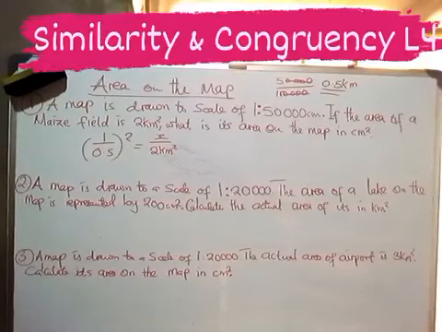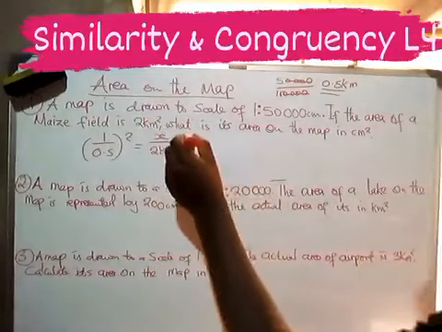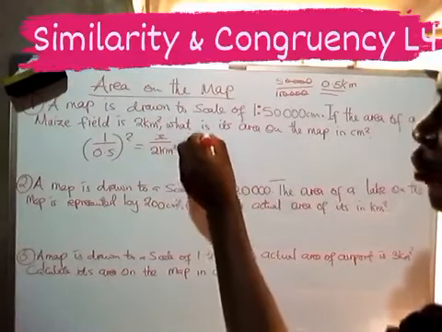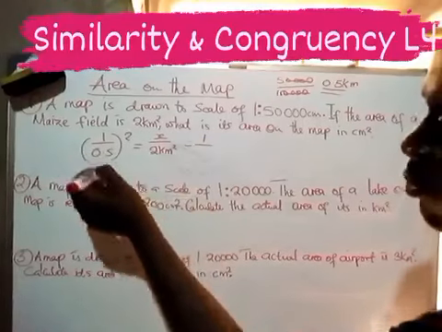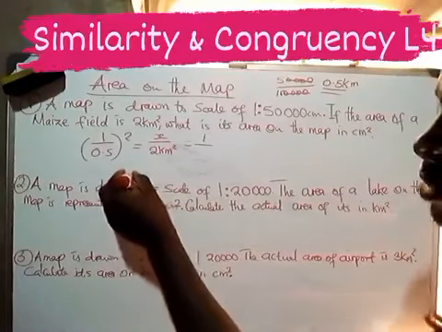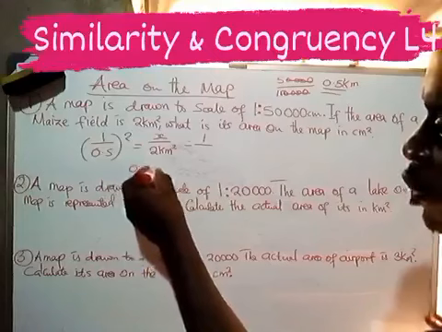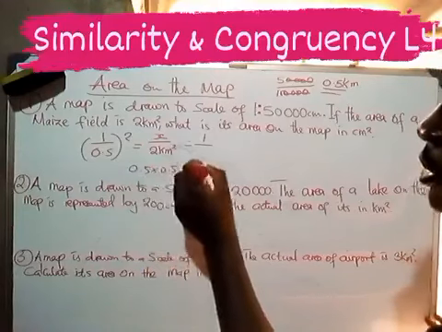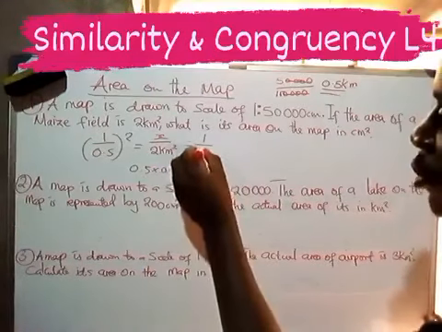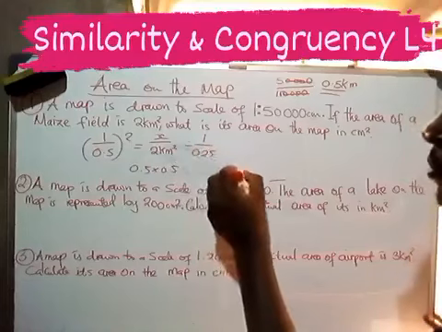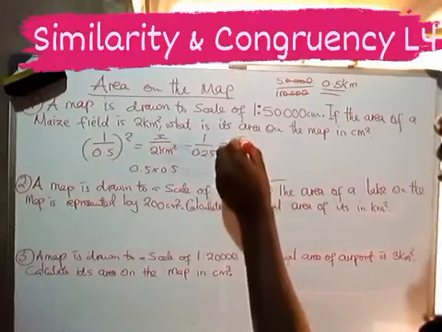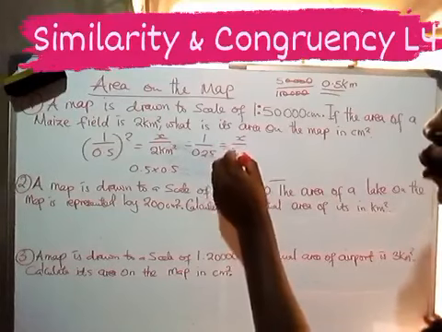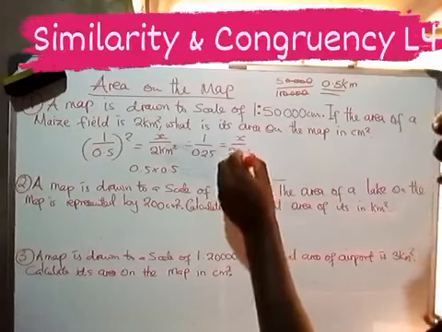Now we are going to square this, where we have 1, because 1 squared is 1. Then 0.5 squared is the same as 0.5 multiplied by 0.5. Our answer will be 0.25, which is equal to x over 2 kilometers squared.